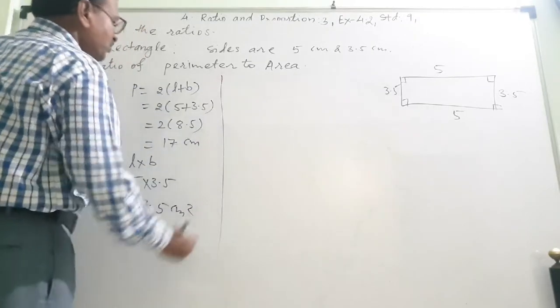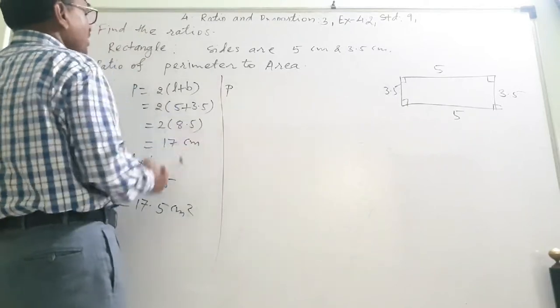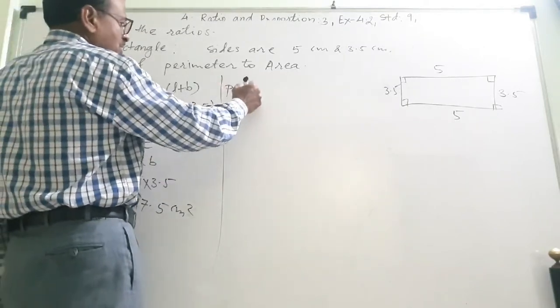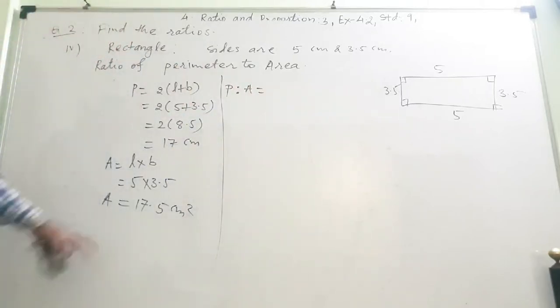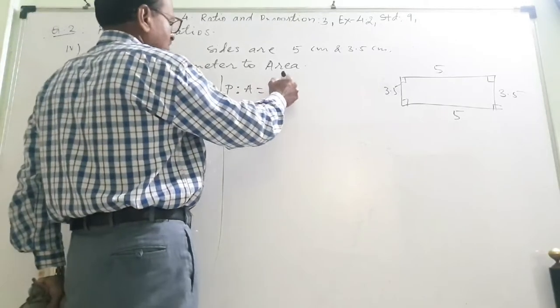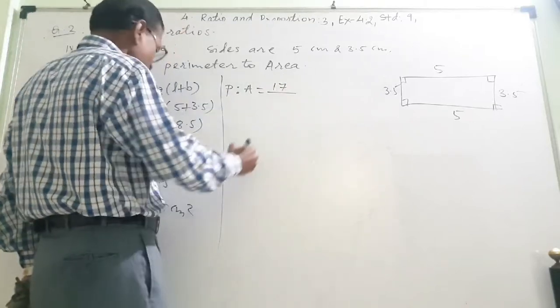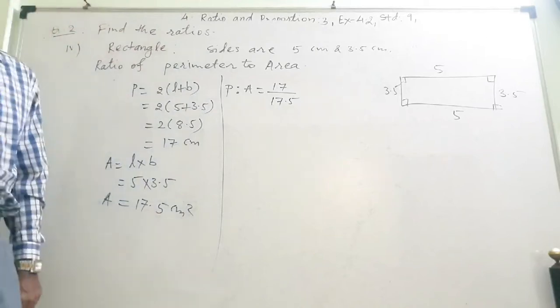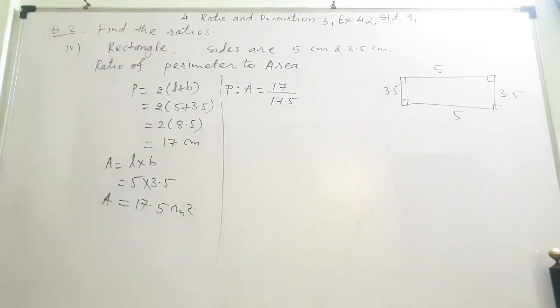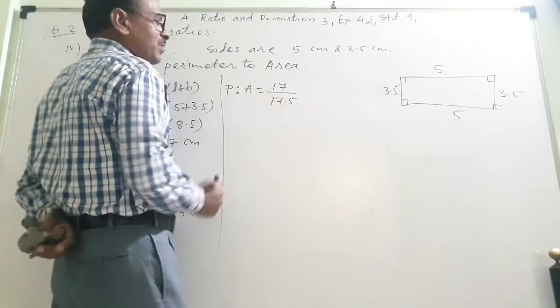Now I want the ratio. Ratio of perimeter P is to A is equal to, perimeter is 17 cm upon area, how much? 17.5. So hope you have understood this much. So now this decimal in the denominator won't do.